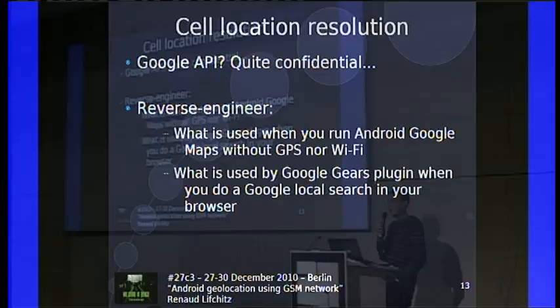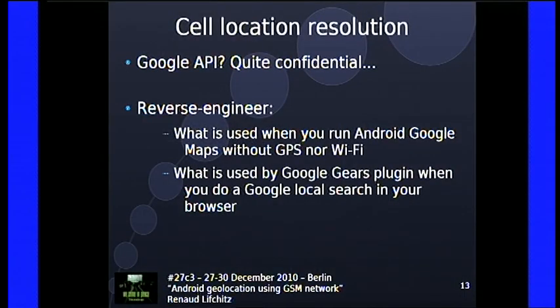But is there a Google API somewhere? Yes, but it's quite confidential. There is a Google API. In order to be sure there is a Google API, try to run Google Maps with the GPS and the Wi-Fi disabled.